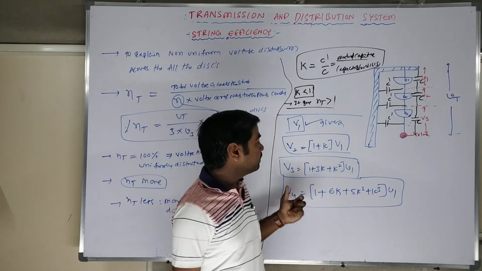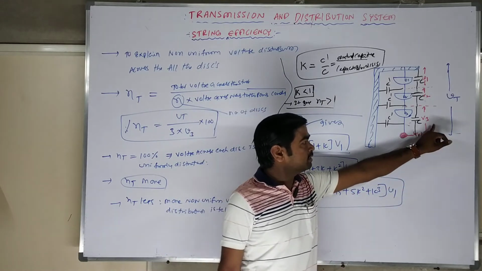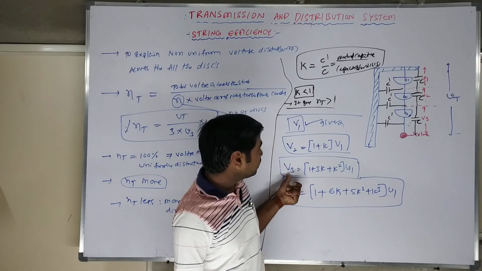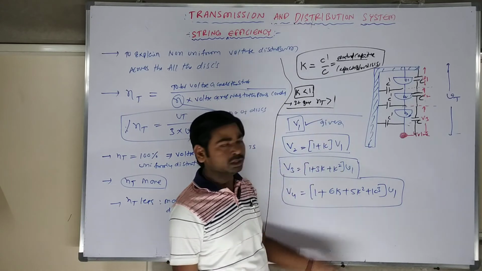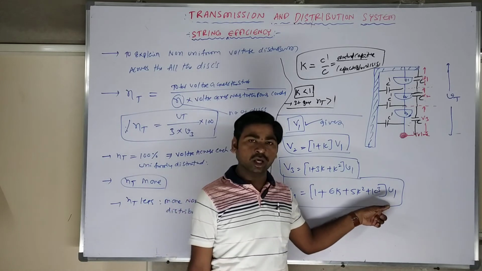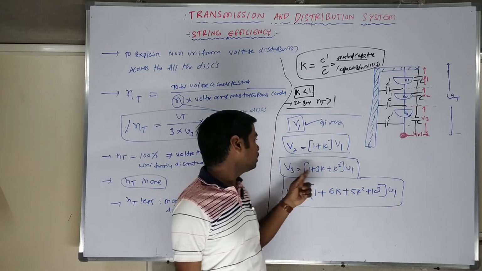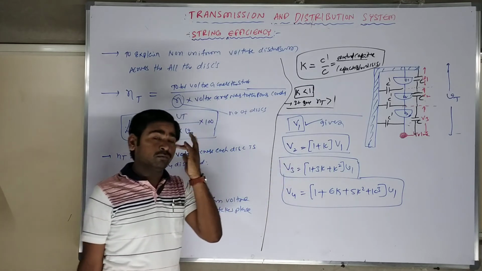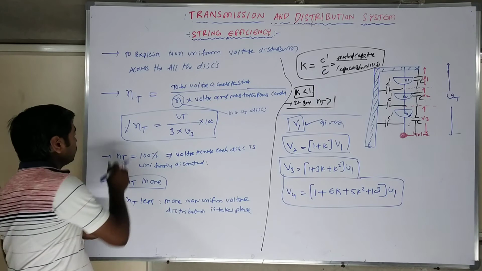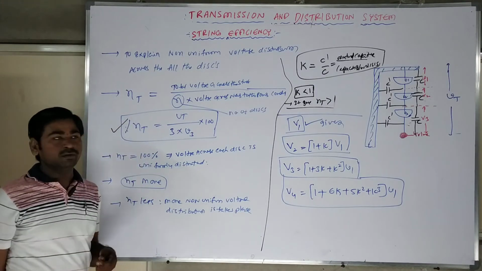If they mention V3 randomly, calculate V1 from V3, and the others are easy. Even if V4 is mentioned, using it you calculate V1, and the rest follow easily. After calculating V1, V2, V3, V4, we can calculate the string efficiency. Questions on string efficiency are very common.